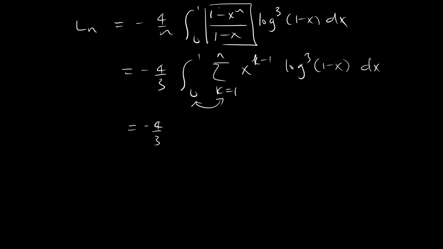So we have negative 4 over n, not 3, summation k equals 1 to n, the integral from 0 to 1 of x to the k minus 1 times log 3 of 1 minus x dx.